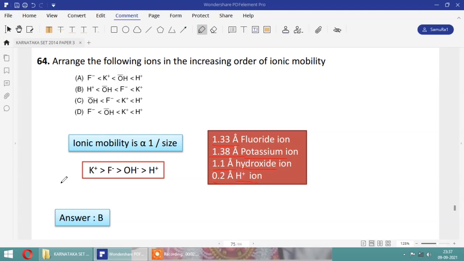So ionic mobility is inversely proportional to size. So K plus has the larger size, and the increasing order of mobility is K plus greater than F minus greater than OH minus greater than H plus. Hence answer B is correct.